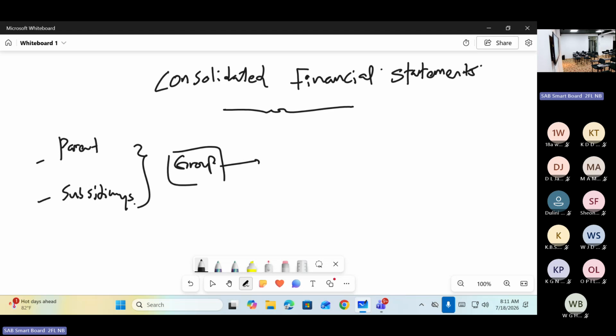Parent is the entity that controls one or more entities.